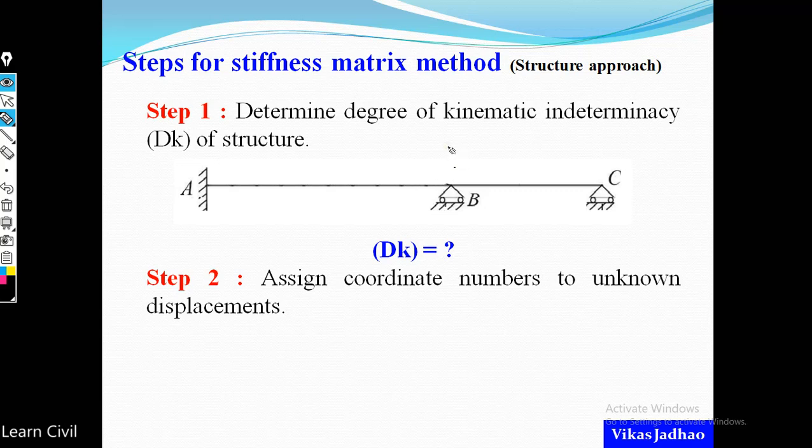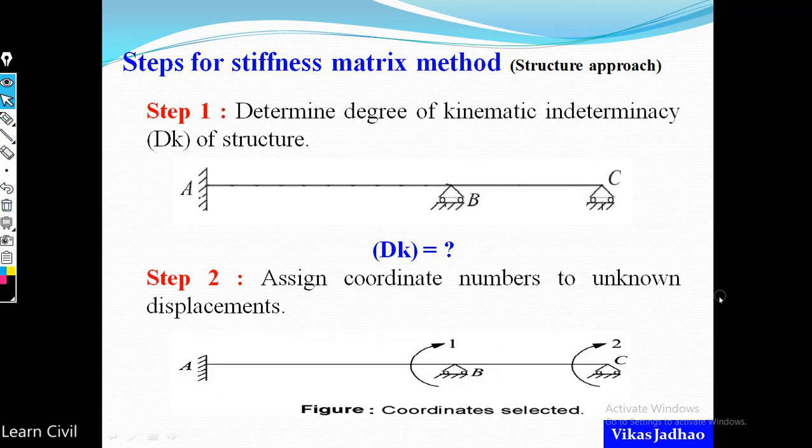Let us consider the unknown displacement theta B is considered as 1 and it is called coordinate number 1, and theta C will be considered as coordinate number 2. So we will be assigning the coordinate numbers like this, which is shown in this picture. Coordinate number 1 is assigned at theta B or joint B, and coordinate number 2 is assigned at joint C.